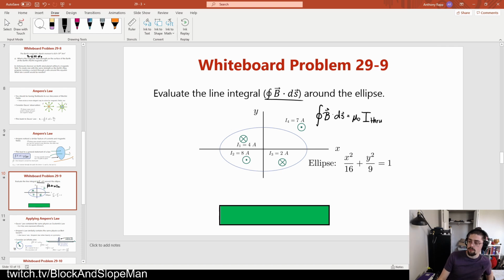So if it's mu naught times I through, then I'm going to say, okay, we've got 8 amps coming out. We've got 6 amps going in. The difference, the net current going through, is 2 amps. So my final answer is just mu naught times 2. And that's it.